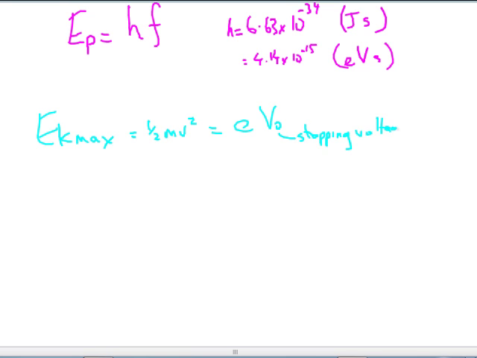And that is putting a reverse voltage onto the circuit to see how much electrical energy was required to stop the electrons that were being released, the most energetic electrons, and then in that sense working out how much kinetic energy those electrons would have.